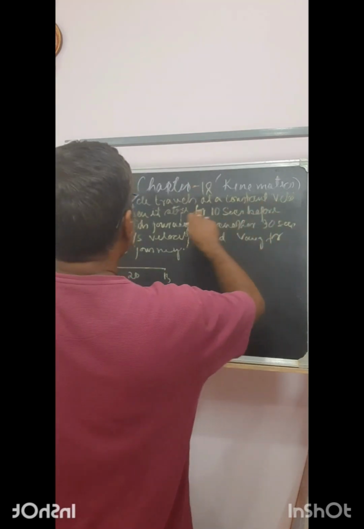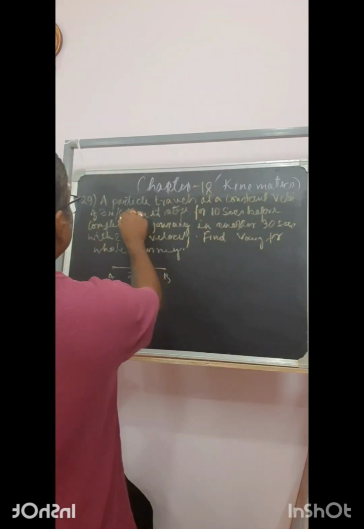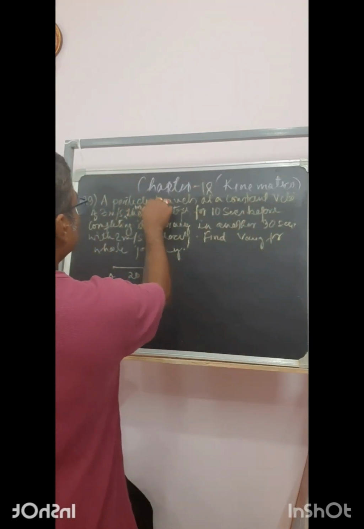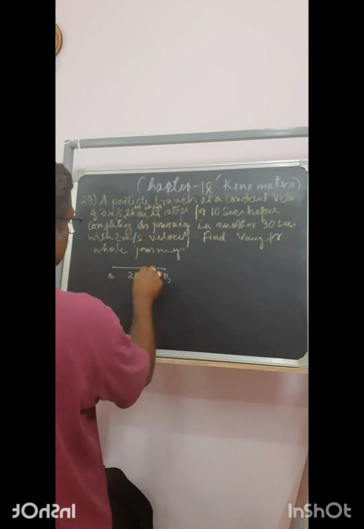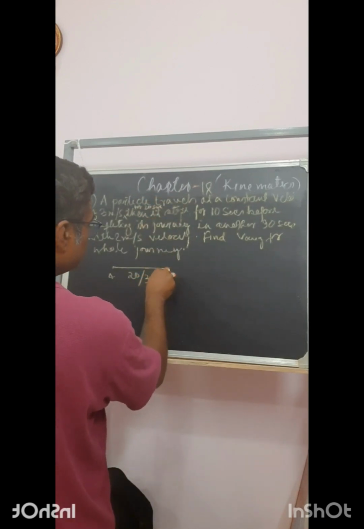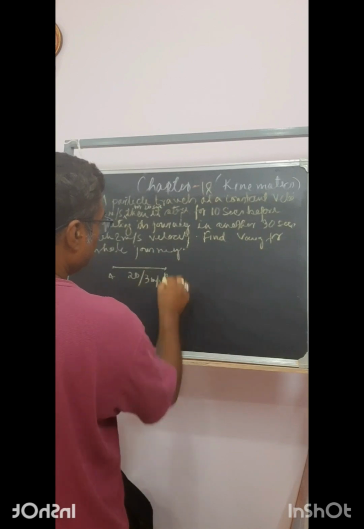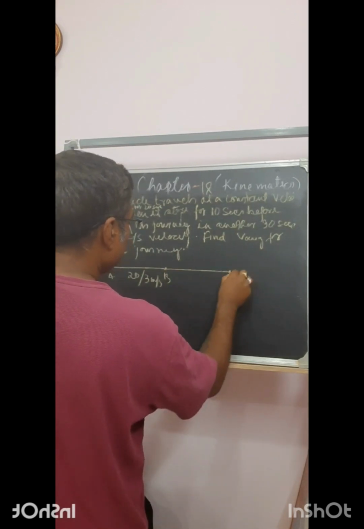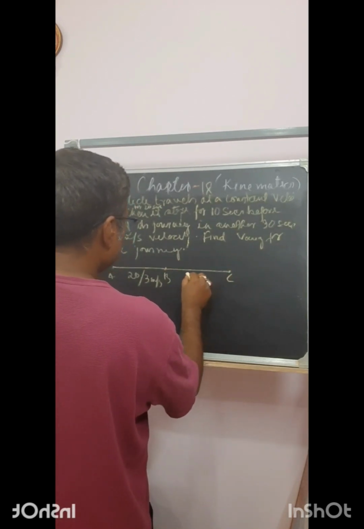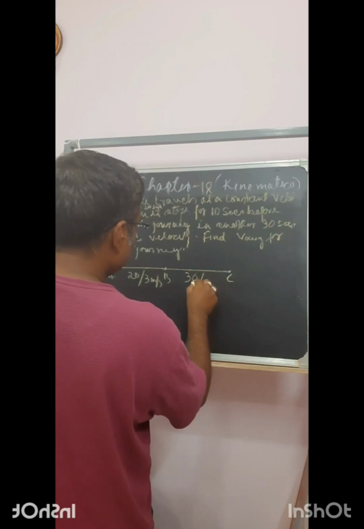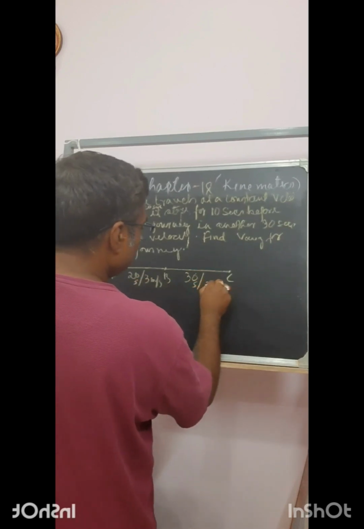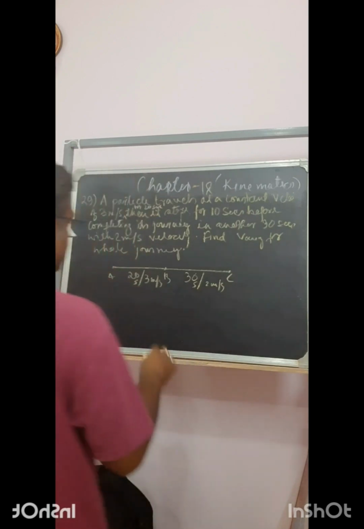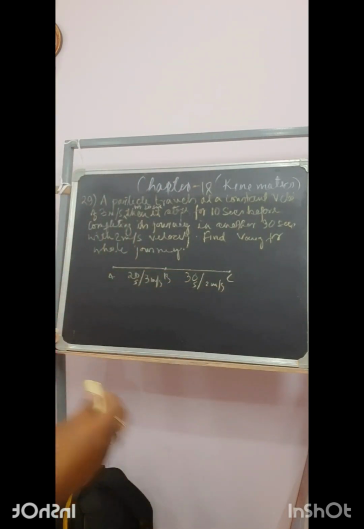Yes, 3 meter per second for 20 seconds. Then it gives a halt, then moves forward to the other distance C. In this case it is 30 seconds, 2 meter per second. So that problem is just similar to the earlier problem.